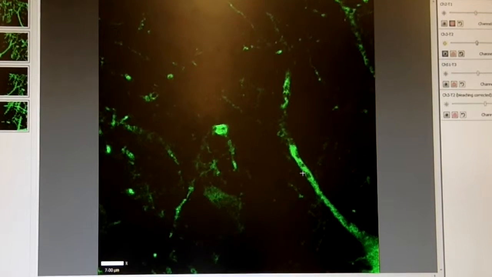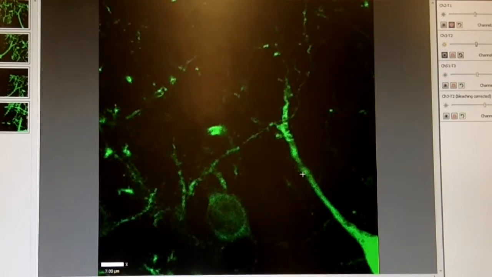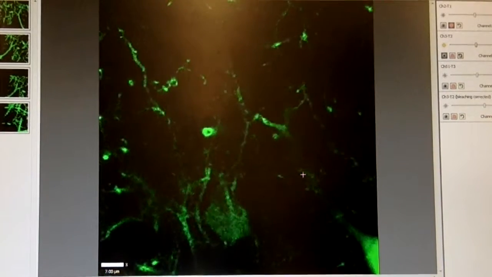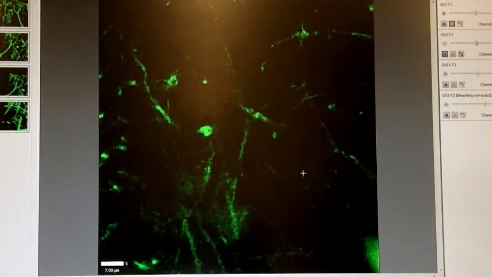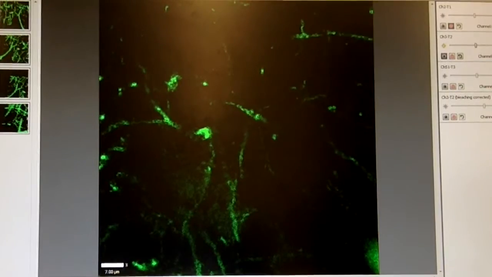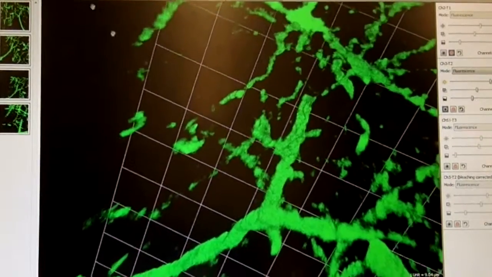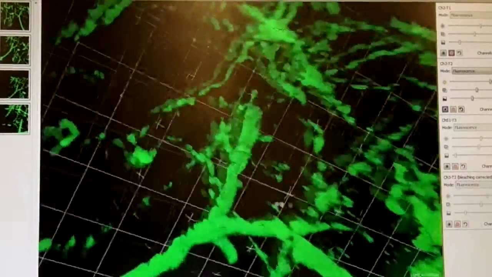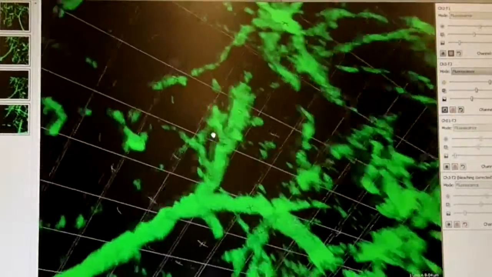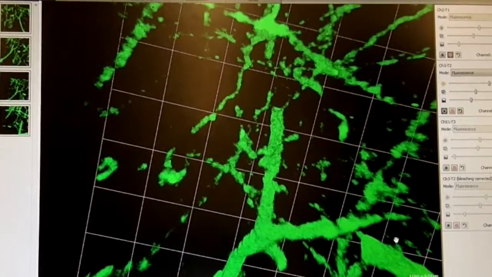We can also take images of the whole specimen plane by plane and play it so that we can image the whole section in a 3D structure, and sometimes we can also make a huge 3D rendition of our image like that, where you can see particular spines and all other characteristics of the neurons and locate our protein of interest.